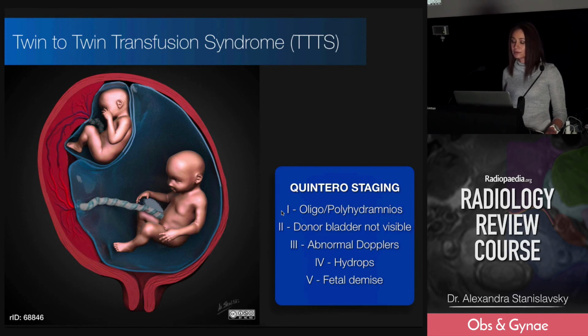So beyond establishing that you've got oligohydramnios and polyhydramnios, you look to see if you can see the bladder of the smaller, oligohydramnios twin. If the bladder is not visible, that's stage 2. You look for abnormal Dopplers, typically in the oligohydramnios twin. You look for hydrops, typically in the recipient twin, and of course for fetal demise.